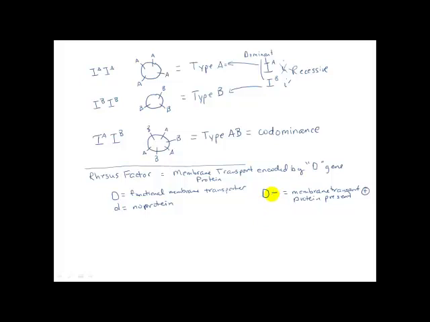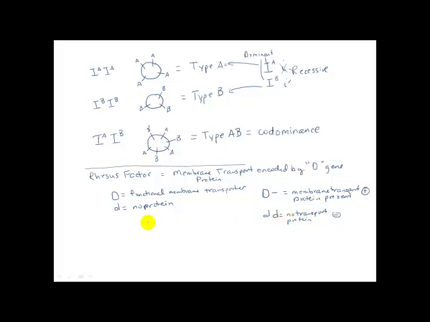So either the genotype homozygous for this functional allele, or heterozygous, will give you that membrane transport protein in your red blood cells. If you have only this version of the gene, this lowercase d allele, then that means that you have no transport protein present in your cells, and we refer to that as being negative, right?